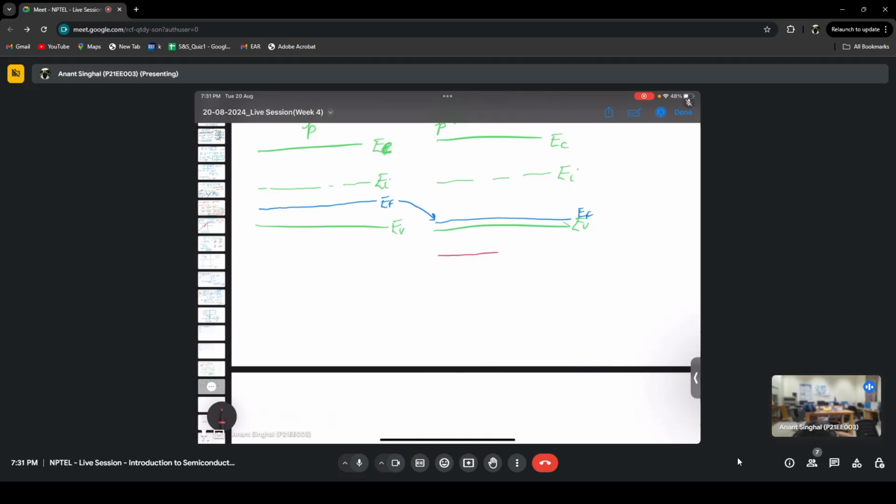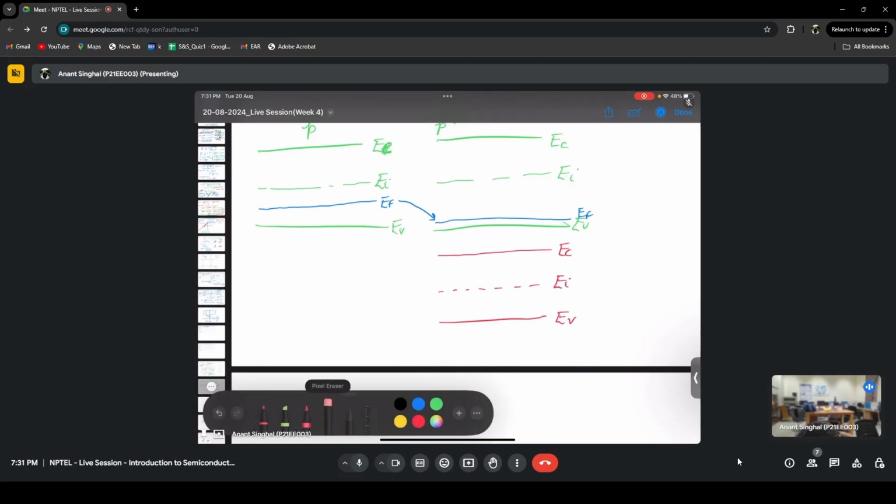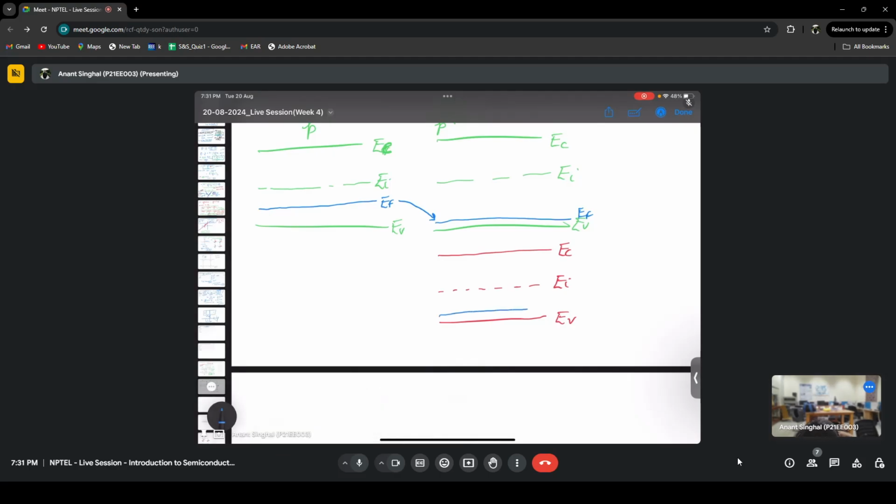So I'll make it again. This is EC, this is EV, this is EI, and we have this Fermi level for the right hand side, which has a higher doping here. So now this Fermi level will come down.